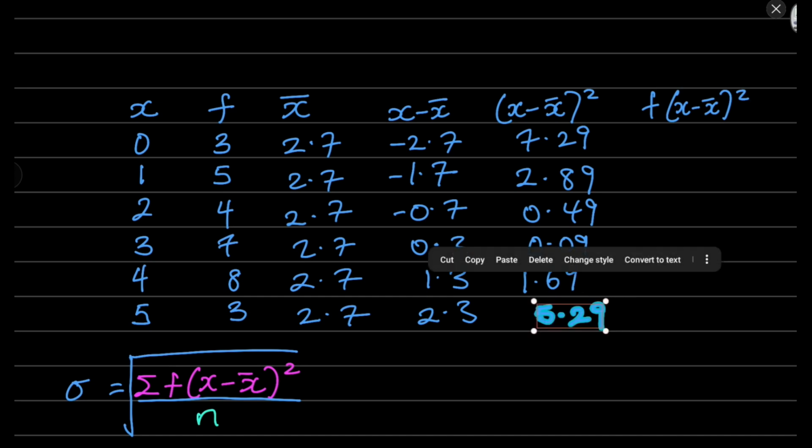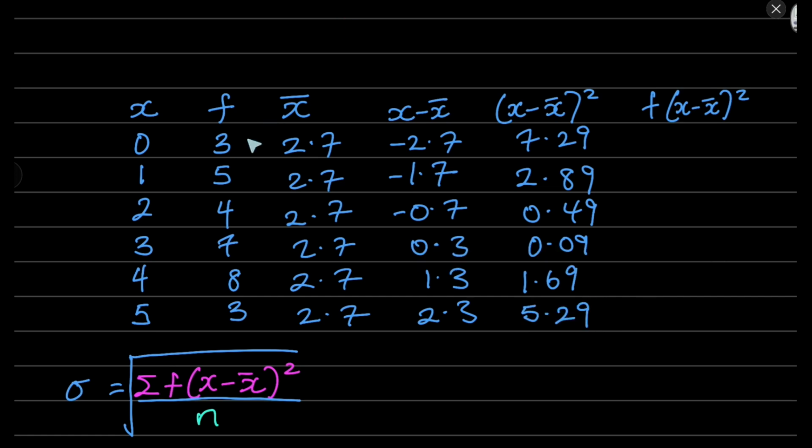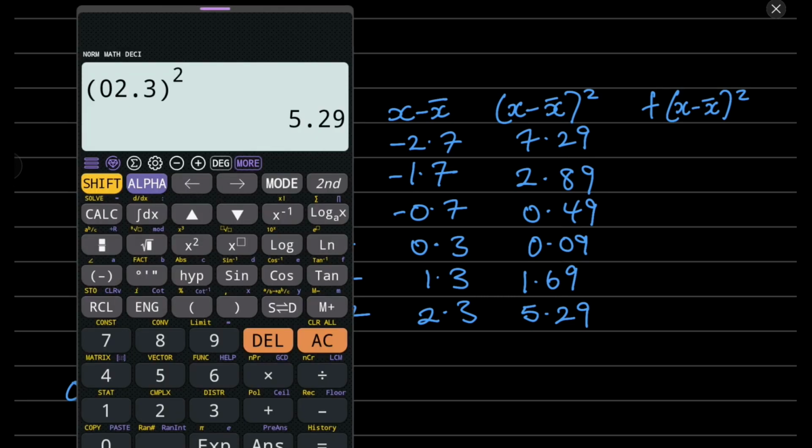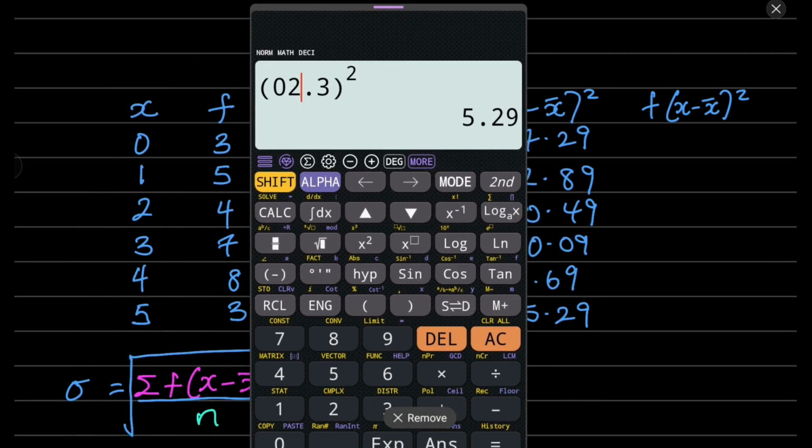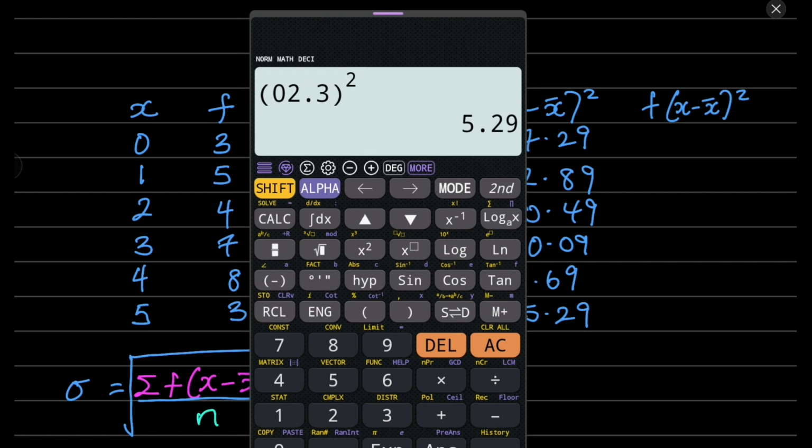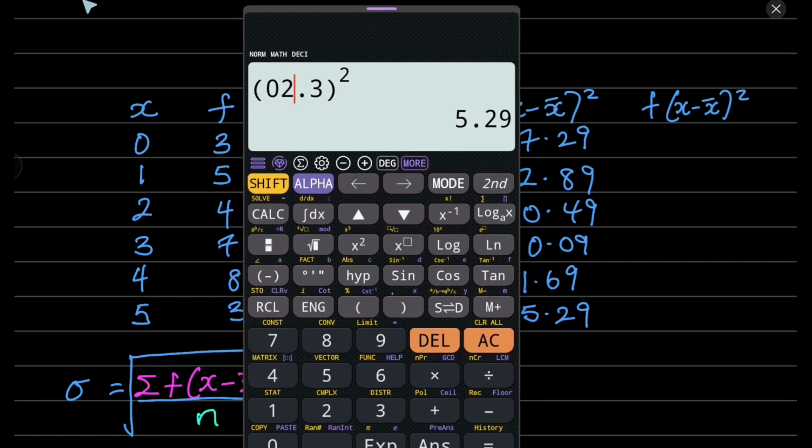Calculator again. For the first one, we have 3 times 7.29, which gives 21.87.